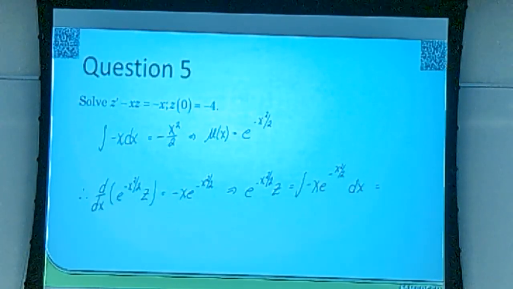What's an antiderivative? What is that antiderivative? X e to the negative x squared over 2 over 2?